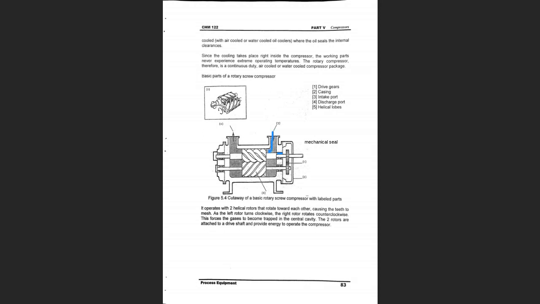It will get compressed and lead through the discharge. Now in this part here, guys, they can inject some oil or air that can be used for cooling. And this air or oil must be at the same pressure as the fluid inside the casing.